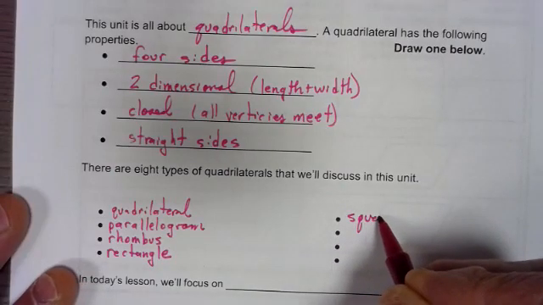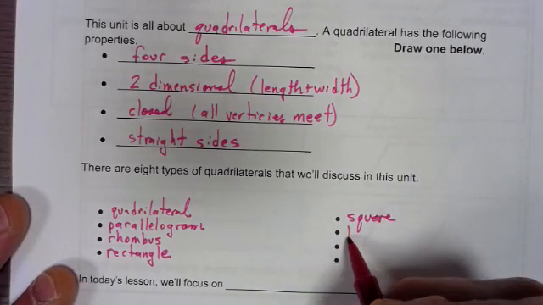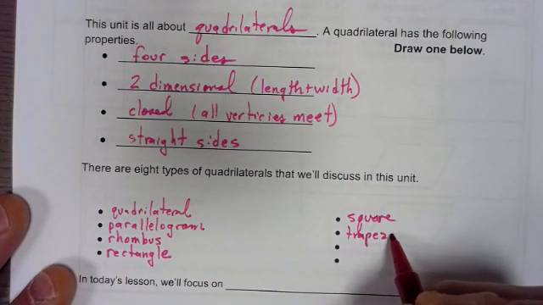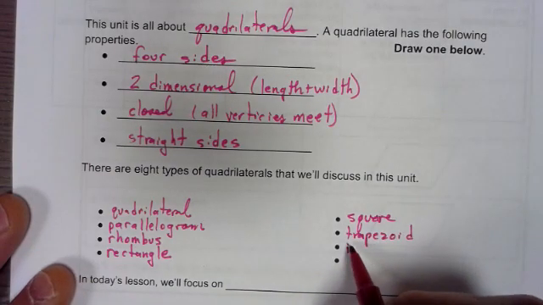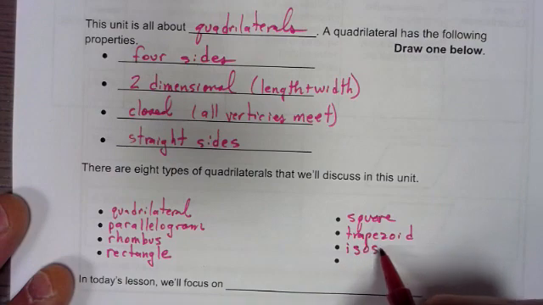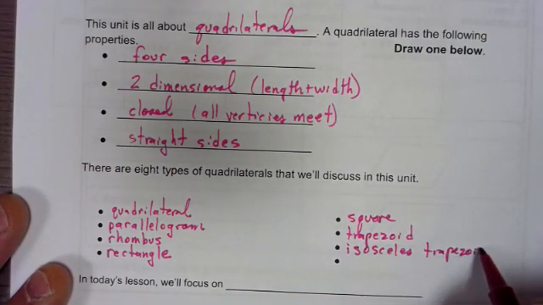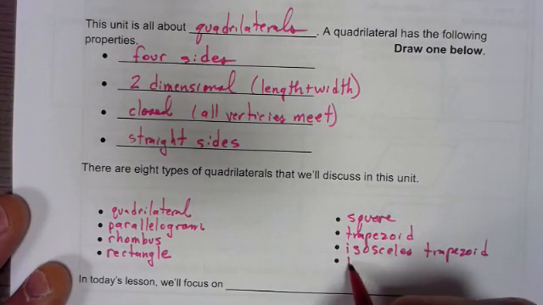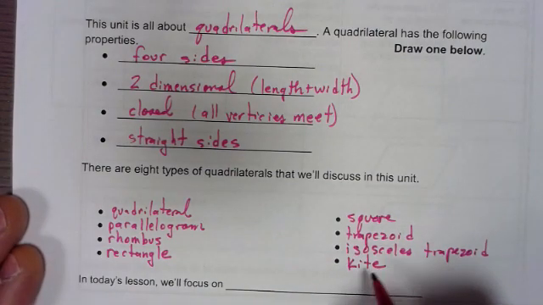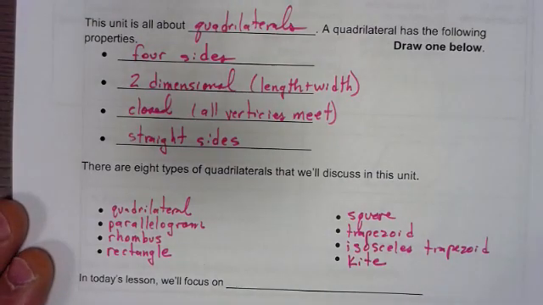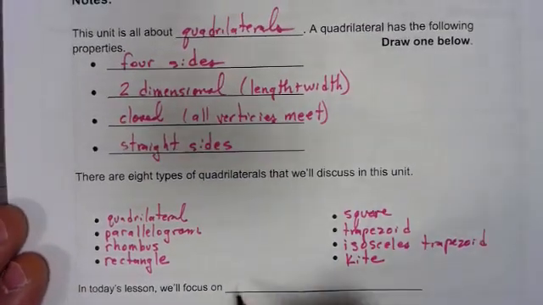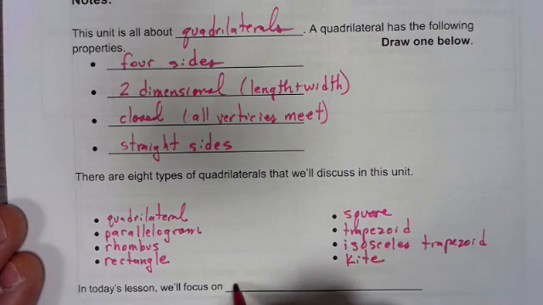Square. Trapezoid. A special type of a trapezoid called an isosceles trapezoid. And finally, a kite. So those are our 8 types of quadrilaterals that we're going to focus on over the unit. Today, we're just going to focus on parallelograms.